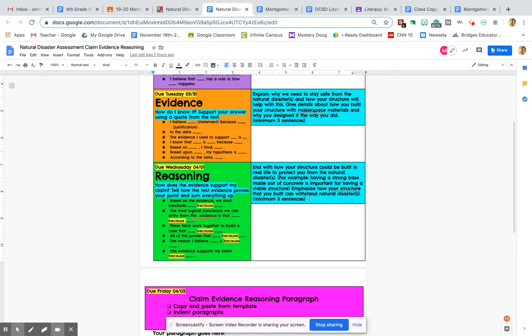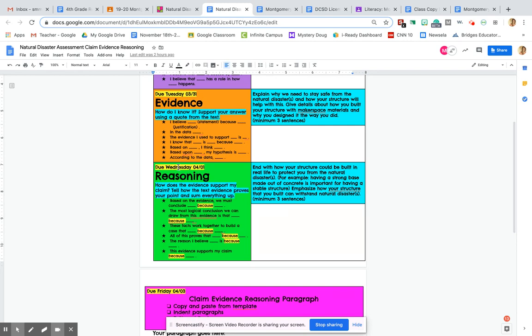This should be a minimum of 3 sentences, and I am hoping you don't just stop at those 3 sentences, but go above and beyond and make sure you're really giving a quality reasoning. Remember, more is not always better, but make sure you have given a quality reasoning.